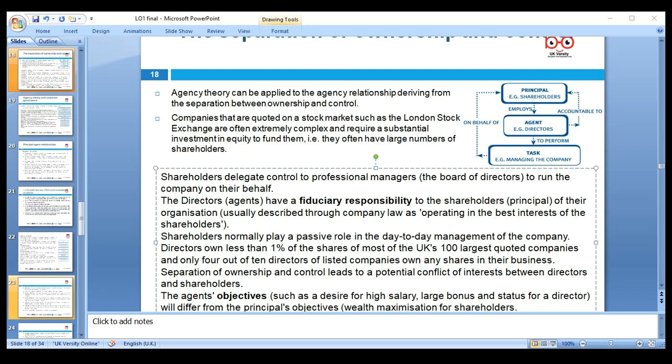So you are an agent of the shareholders, and you can be an agent of your principal, the client, because you have a relationship with the client. That's an agency relationship. You should work in the best interest of your principal, because ultimately the principal is the owner, like the shareholders are the owners of the company.